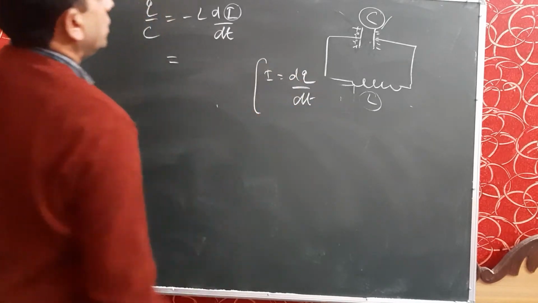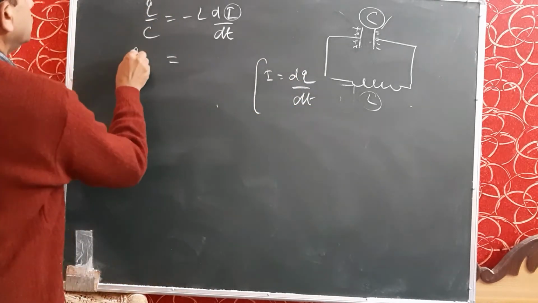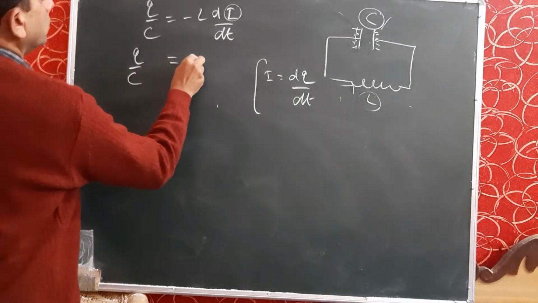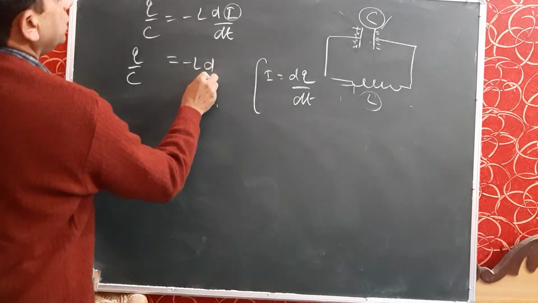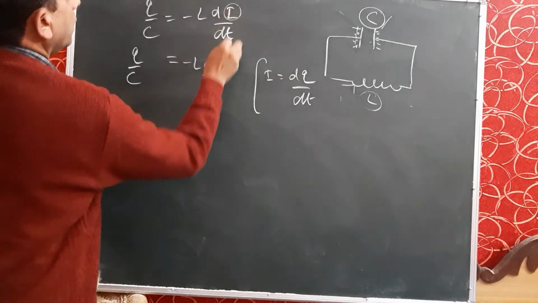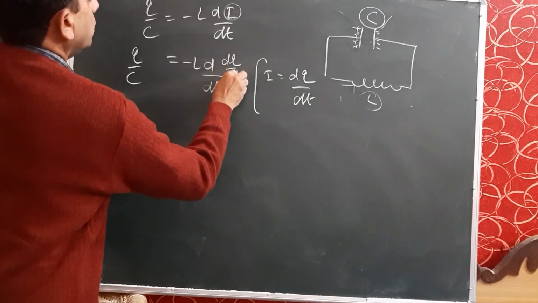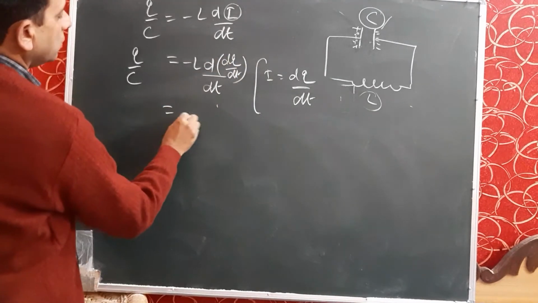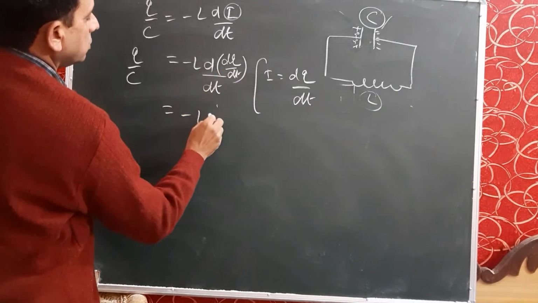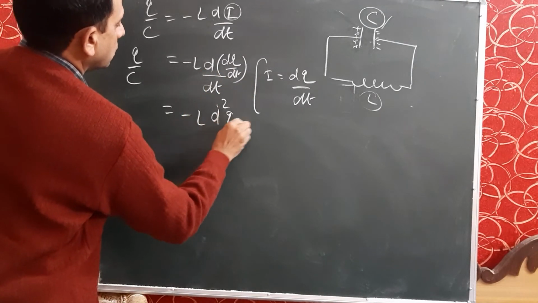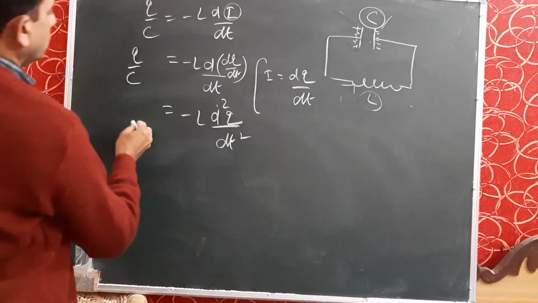I is equal to dq by dt, therefore Q by C is equal to minus L d upon dt of dq upon dt, which is L times the second derivative d square q upon dt square.